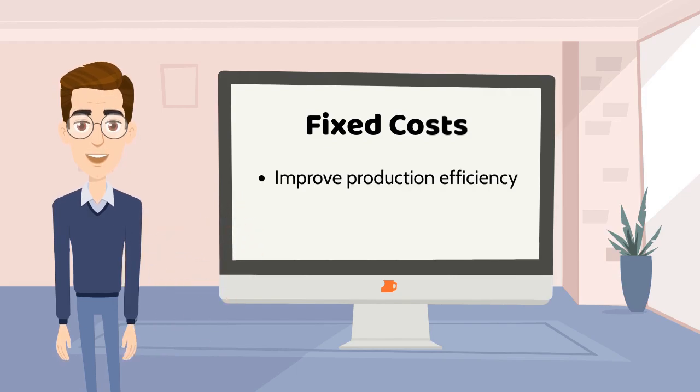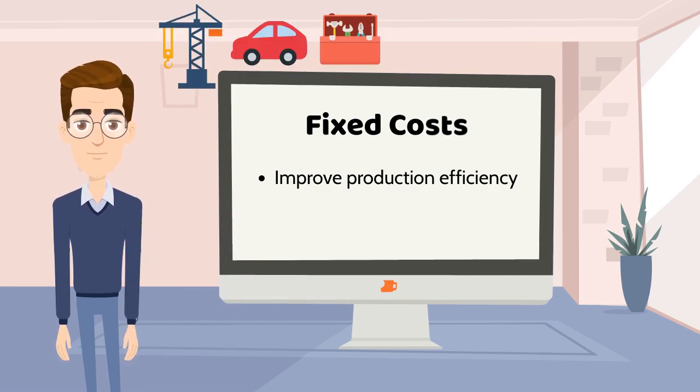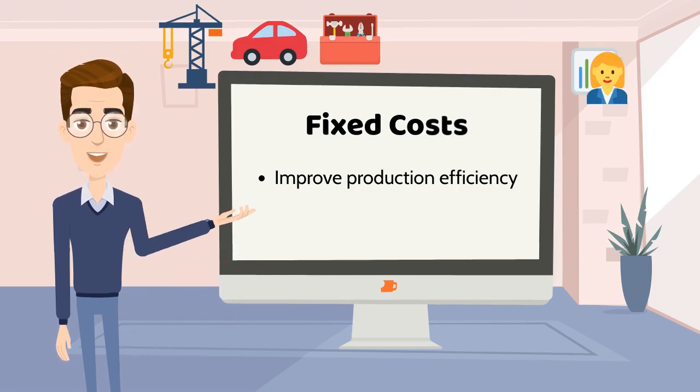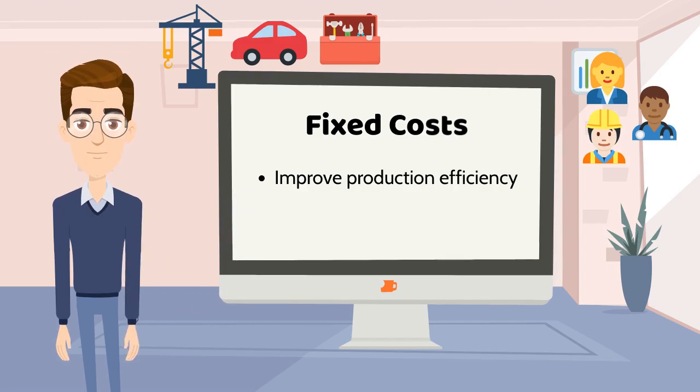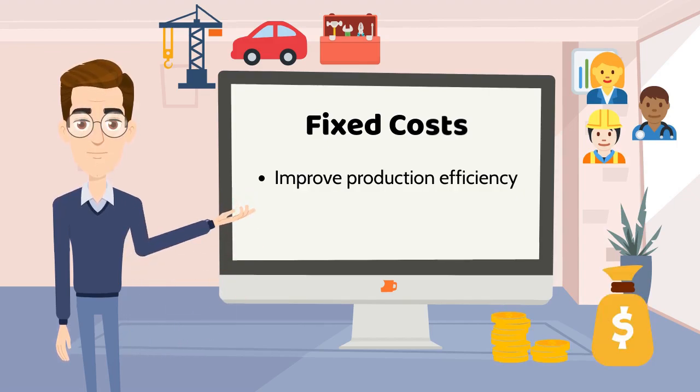We can work on improving our production efficiency, meaning that in order to decrease the weight of our fixed costs, we need to work on extracting more from the resources that we have available. Produce and sell more with the same machines that we have in the space that we have. Produce and sell more with the people that we have working for us. Or produce and sell more with the same amount that the banks are lending us.